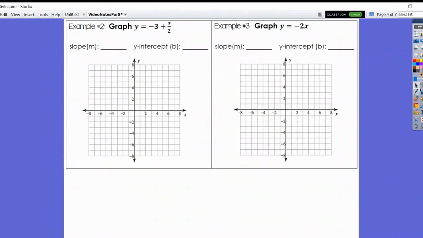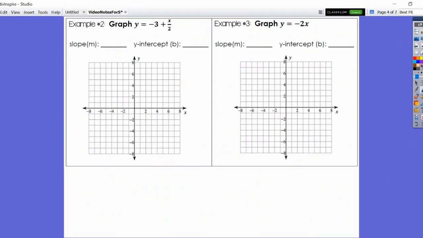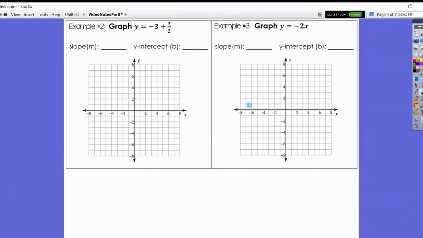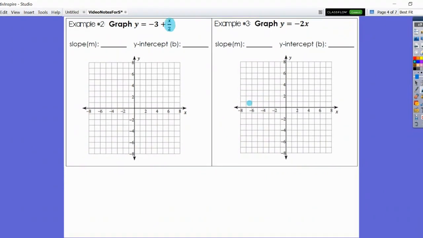For this example, be careful because I have to go ahead and highlight the slope in blue that's multiplied to my x. And then my y-intercept is the variable-less term. So there's no variable to it. If you need some help here, we can rewrite this so that it is in slope-intercept format.